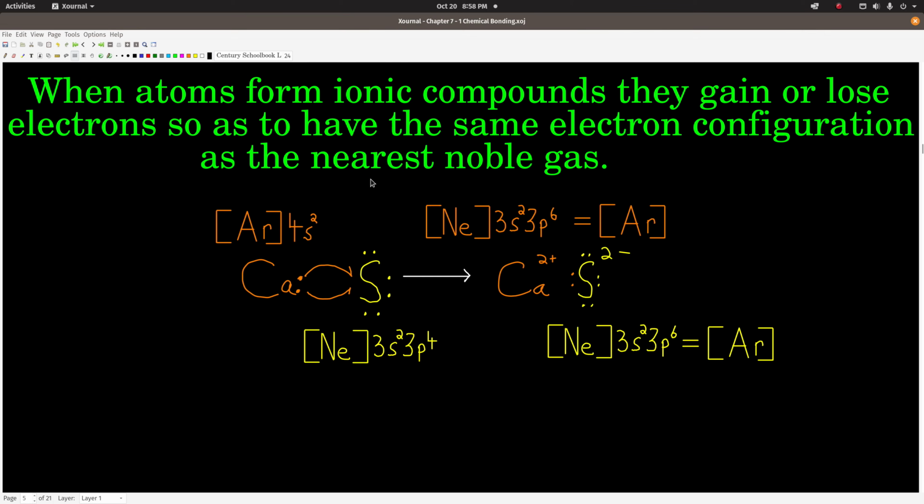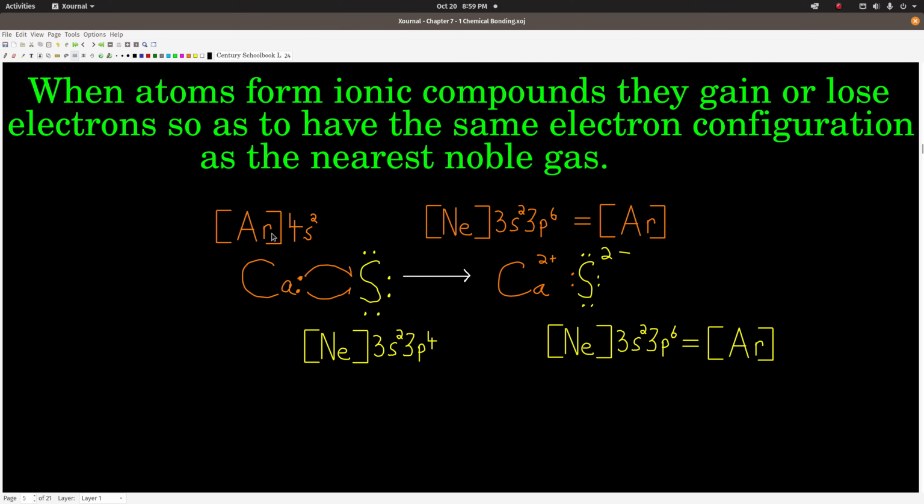So atoms form ionic compounds so as to satisfy the octet rule, so they have the same electron configuration or number of electrons as the nearest noble gas. For example, if you take some calcium and some sulfur and you put them together, calcium, whose electron configuration is argon 4s2, can most easily gain a noble gas electron configuration by losing these 2 electrons.